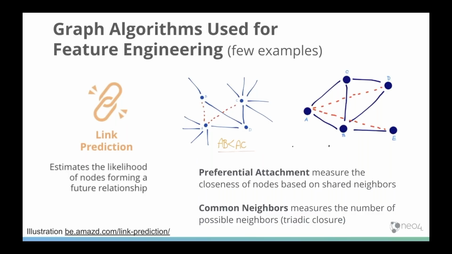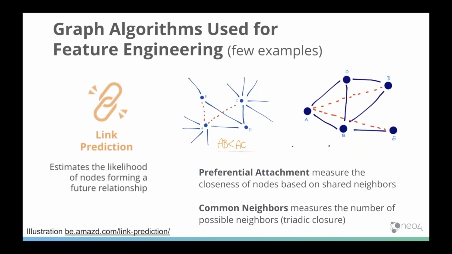The other algorithm we looked at was common neighbors, and that looked at triadic closures. You can think about that as how many possible triangles you might have with somebody else in the network, and that's shown by the right-hand graphic.